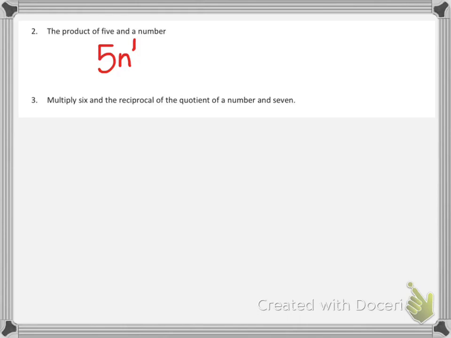Number 3, multiply 6 and the reciprocal of the quotient of a number and 7. Well, let's call the number x in this case. And look, it's asking for a quotient, so that means the answer to a division problem. So my division problem is x divided by 7, but then it tells me I want the reciprocal of that.